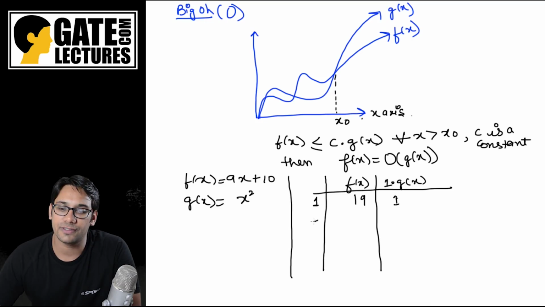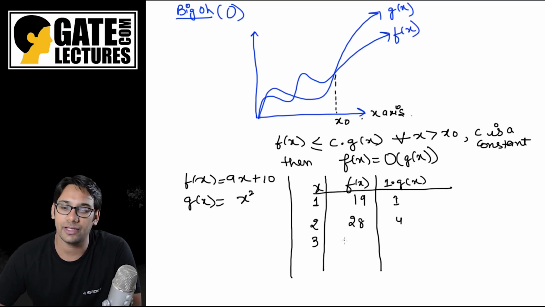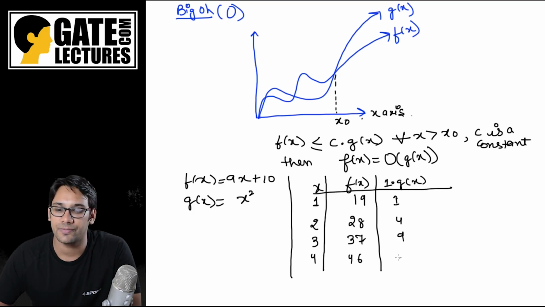If x is 2, then the value of f(x) will become 28 and the value of g(x) will become 4. If the value of x is 3, then f(x) will become 37 and g(x) will become 9. If x is 4, then f(x) will become 46 and g(x) will become 16.